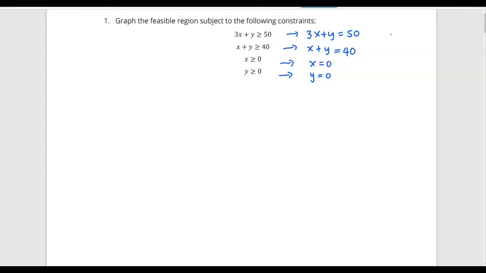Now, since part of our constraint is that x and y are both greater than or equal to 0, that means we are only to consider the part of the graph on the first quadrant. So let's try to sketch the graph of these two lines on the first quadrant.